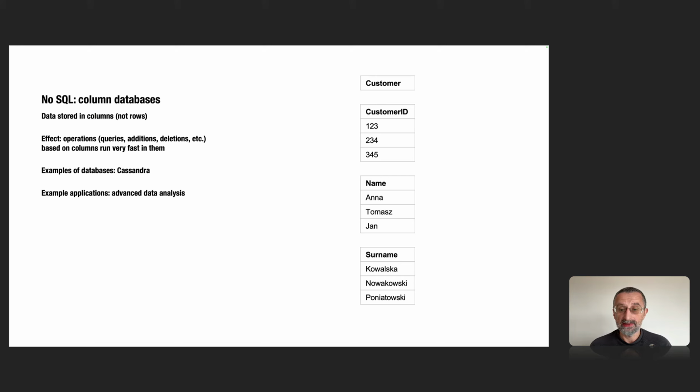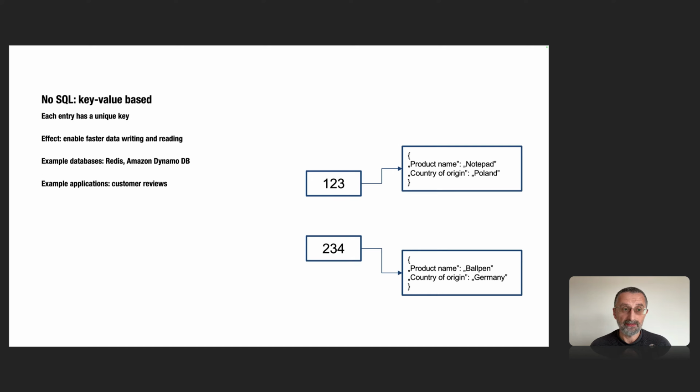Example application, advanced data analysis systems. So, column databases. Next, very commonly used with sensor data are key-value based databases. Each entry has a unique key, and the effect is much faster data writing and reading. Example databases are Redis, Amazon DynamoDB. Example application, customer reviews. So this is also an unstructured database.